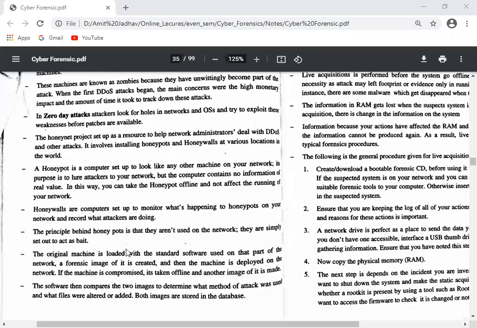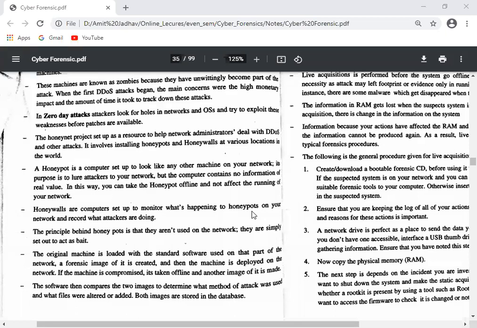Honeypots are set up to monitor what's happening on your network and record what attackers are doing. The main purpose of the honeywall is to monitor the network, observe what happens, and record the steps actually performed by the attackers or any other users of the network.